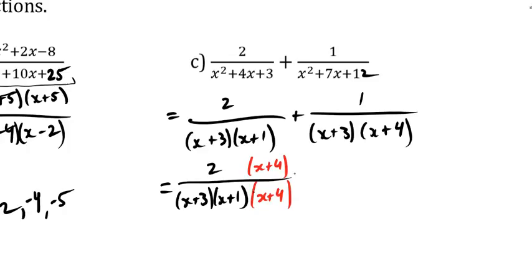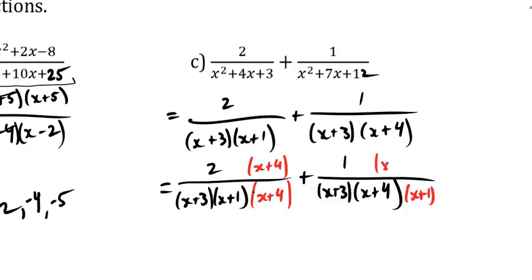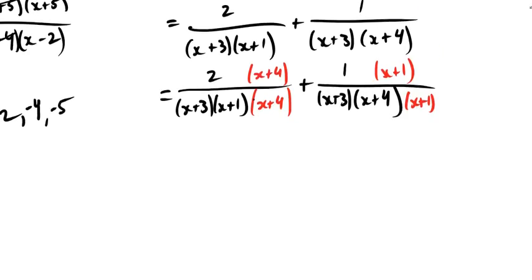So that's 2 times x plus 4, plus 1 over, again, x plus 3, x plus 4, and what's missing so that they don't match? The x plus 1, and whatever I do to the bottom, I have to do the top. Now I have a common denominator, so I can add the tops. The bottoms don't stay the same, but it's all over the bottom.